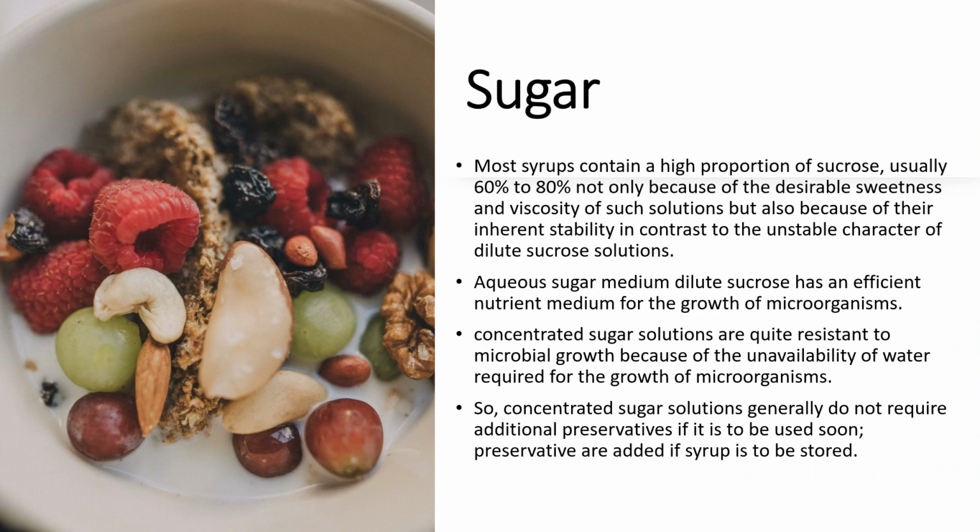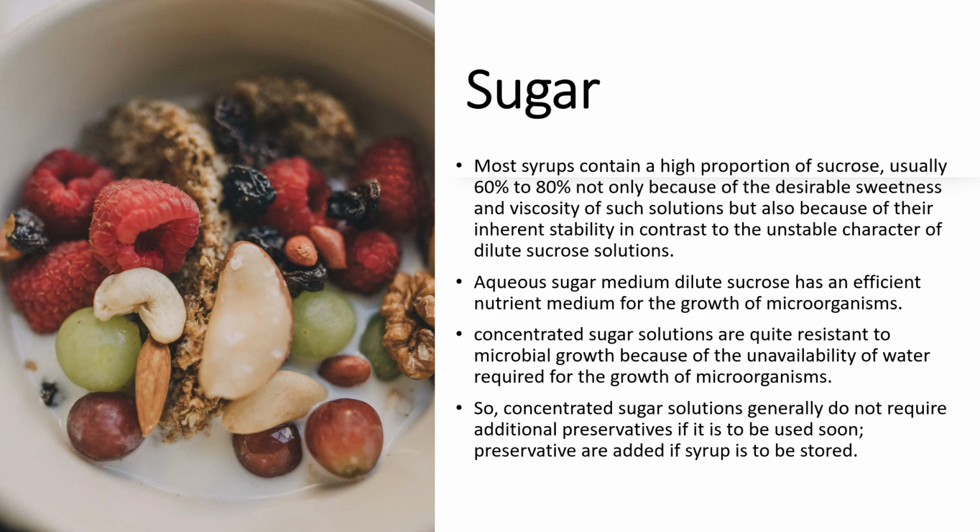Most syrups contain a high proportion of sucrose, basically 60 to 80%, that provides them desirable sweetness, viscosity, and also inherent stability. When the medium is aqueous, it would dilute the sucrose in the syrup and would be an efficient nutrient medium for the growth of microorganisms.